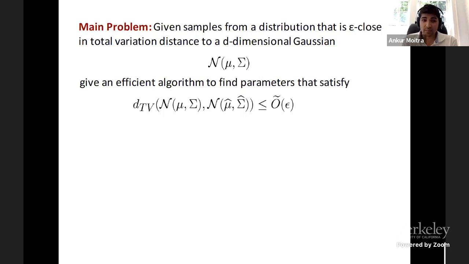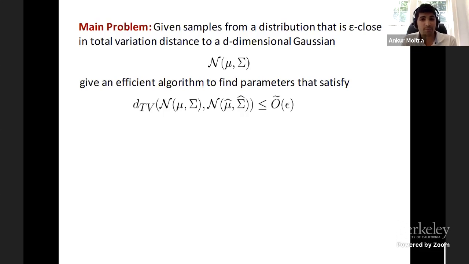But the goal is the same. What we want is an efficient algorithm that also takes only a polynomial number of samples, and it's going to spit out an estimate mu hat and sigma hat, so high dimensional estimates of the mean and covariance, with the property that the Gaussian that they define is O tilde epsilon close to the original Gaussian that we started from.